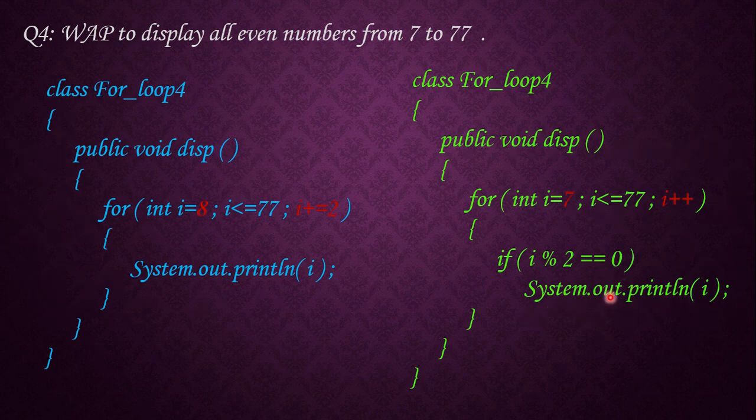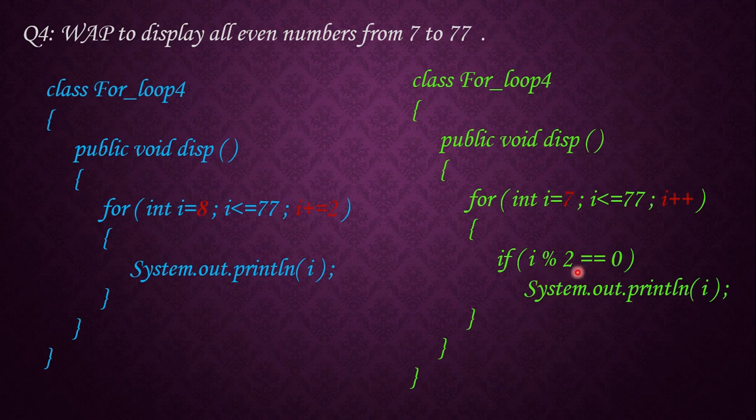If the remainder doesn't come 0, then it is not an even number, so nothing will be shown. We have already discussed this portion in my if programming. If you have forgotten, again I am leaving a card, so you can go through the video and have a quick recap. Okay.